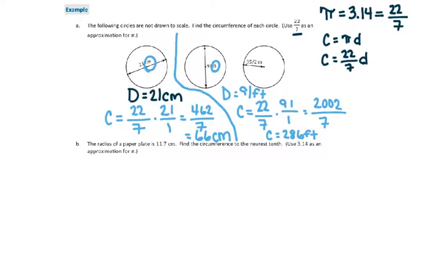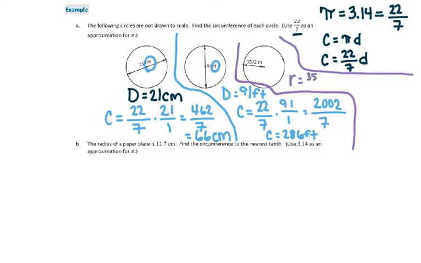Now, this next circle that we're given is a little bit different than the last two that we just saw. And here's why. Because they tell us that the radius this time, so I'm going to draw a couple more arrows here so we can see this, our radius is equal to 35 halves. So 35 over 2 meters is our radius.